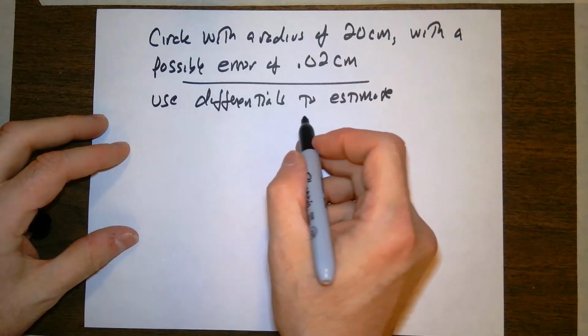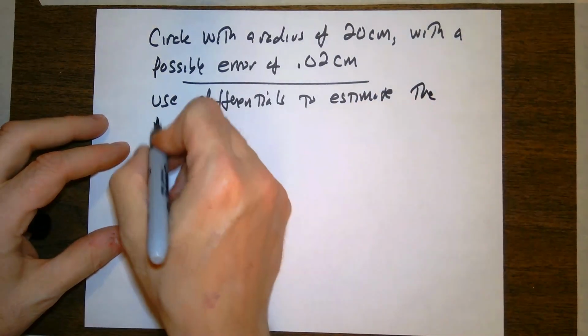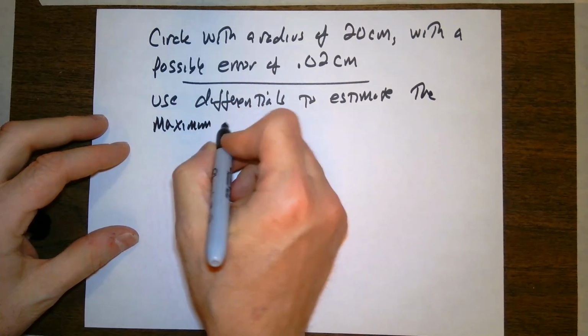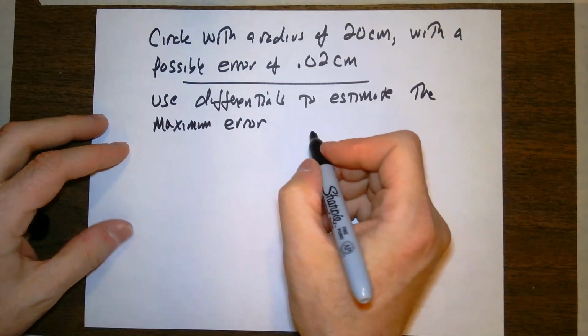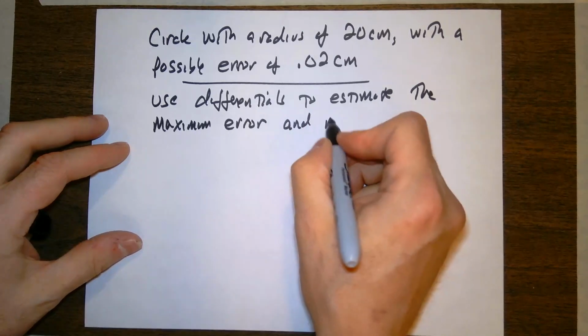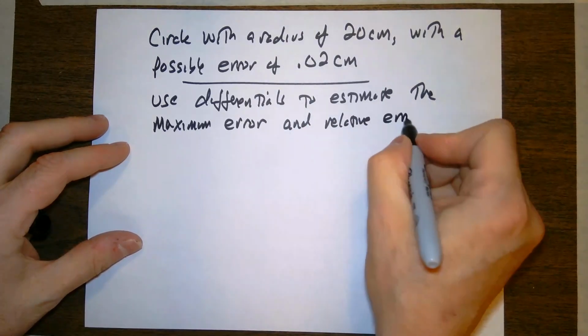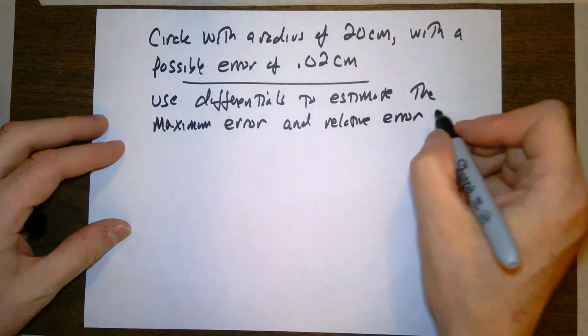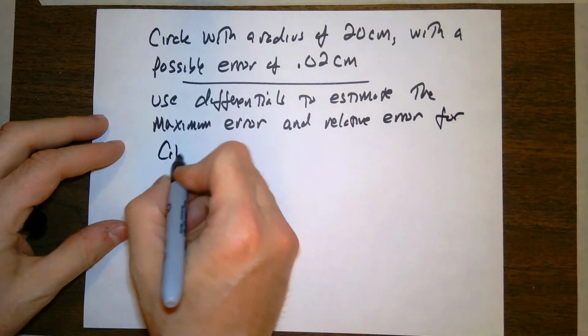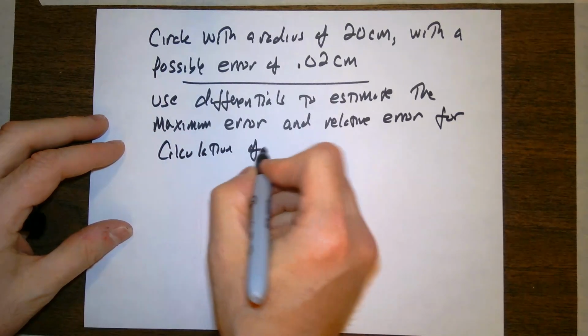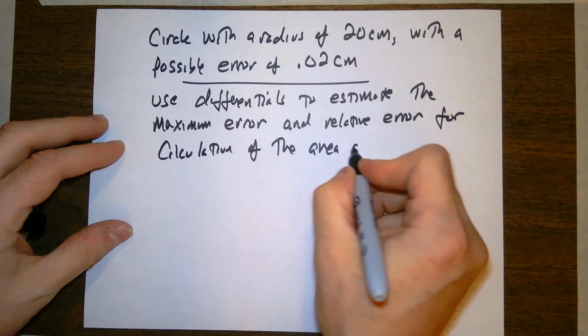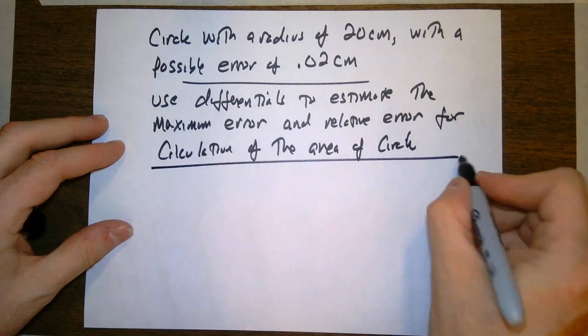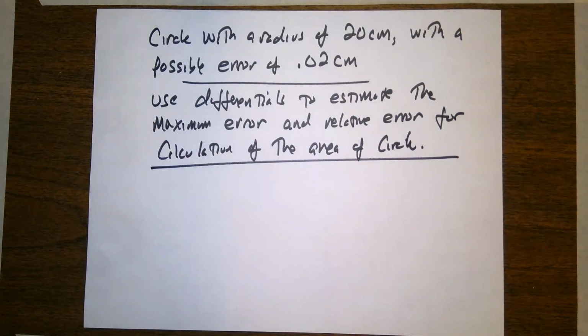So use differentials to estimate the maximum error and the relative error for the calculation of the area of the circle.